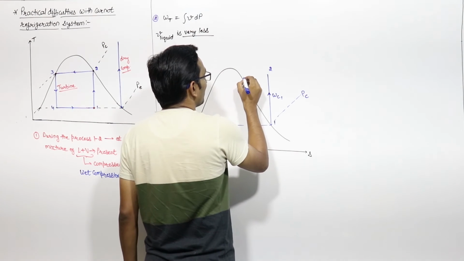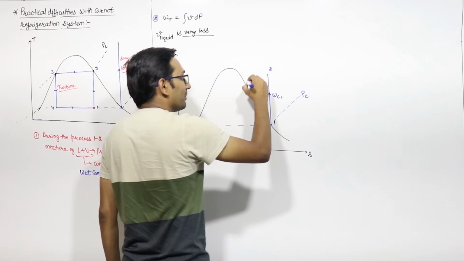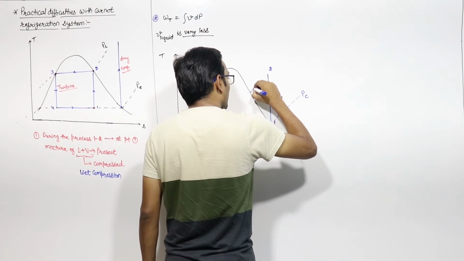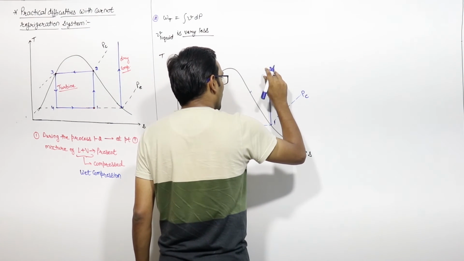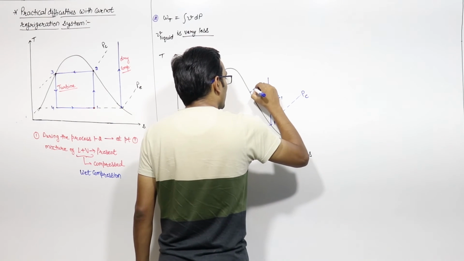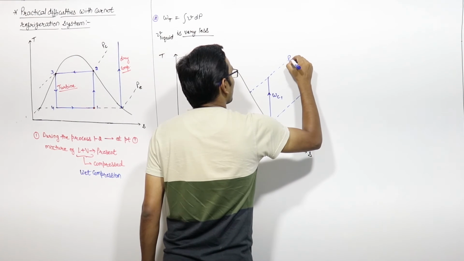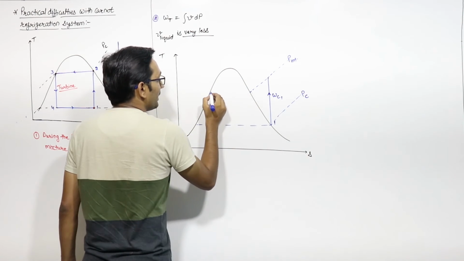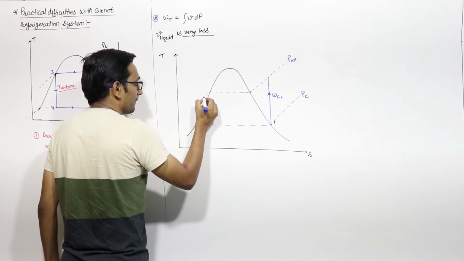Let us say at point 2 the pressure line is this one. The constant pressure line at point 2 is some intermediate pressure line, right?